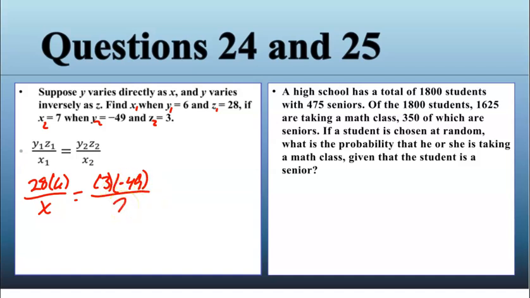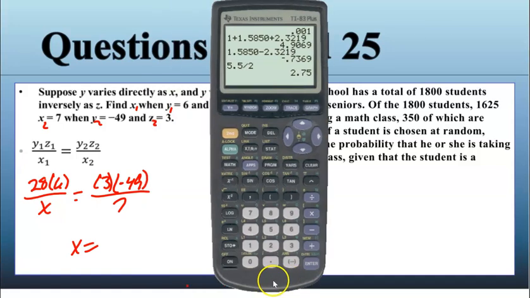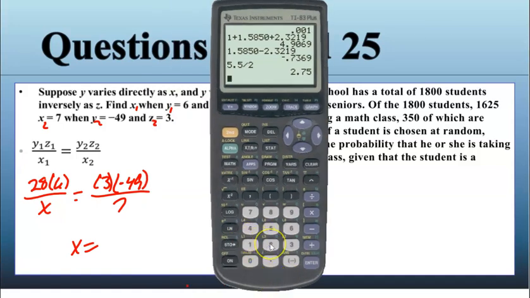So for this one, all I'm going to do is do everything on the calculator very quickly. So I have 28 times 6 times 7.